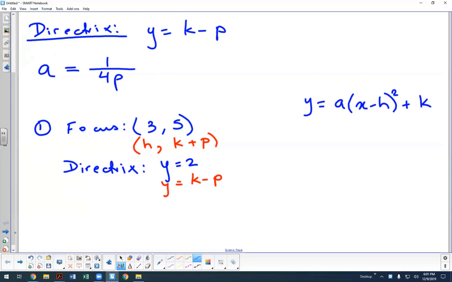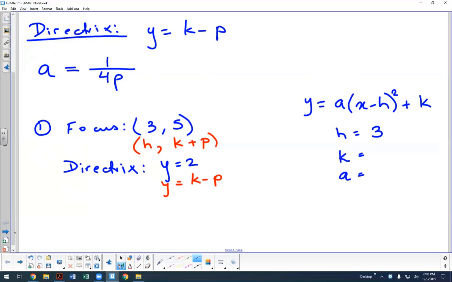And we need to use all of these different relationships that we were looking at. So luckily, we already know what the value of h is, because h is going to be this first coordinate from our focus. So we already know h is 3, which means to be able to find the equation of our parabola here, we need to find the value of k, and we need to find the value of a.